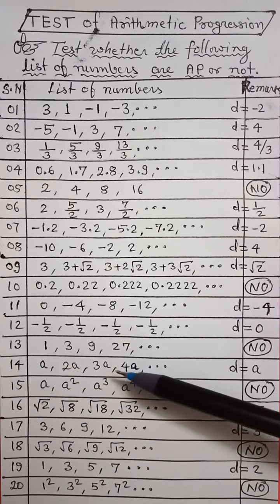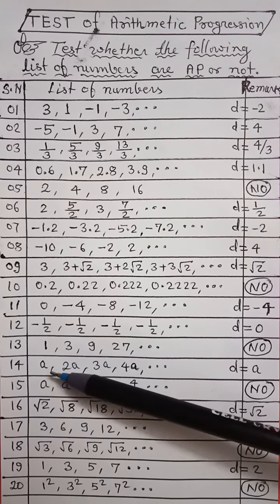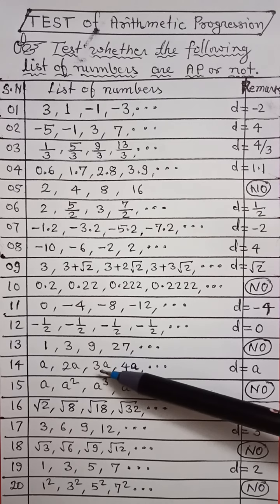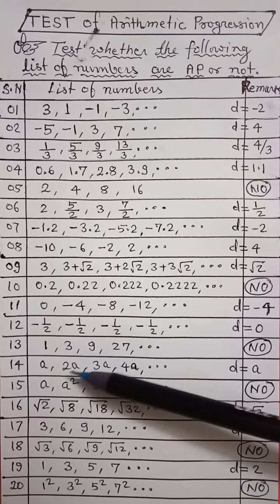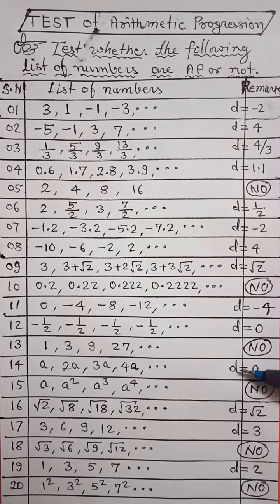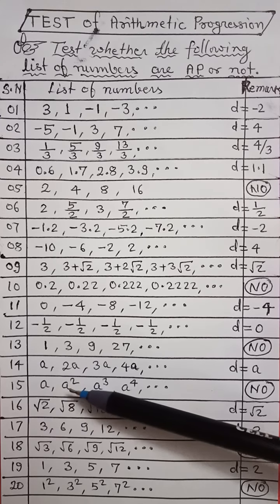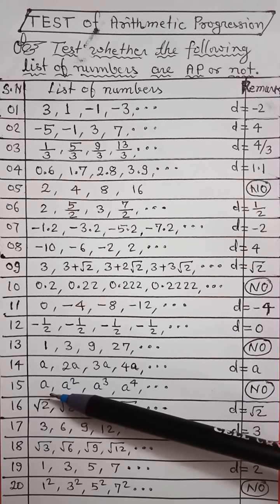Now here look at example 14. a, 2a, 3a, 4a. 2a minus a is a, 3a minus 2a is a, 4a minus 3a is a, and therefore we have a common difference, and that common difference is a, and therefore this is an example of a sequence which is an arithmetic progression. Now here you can see a square minus a is a square minus a, or a times a minus 1.